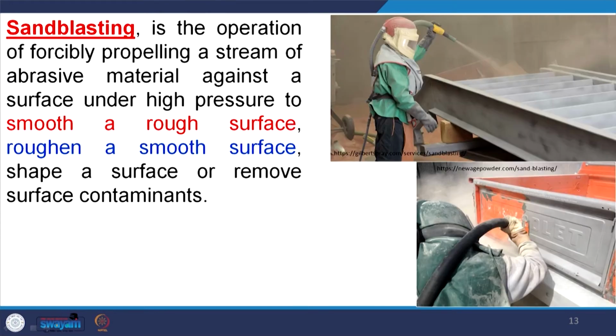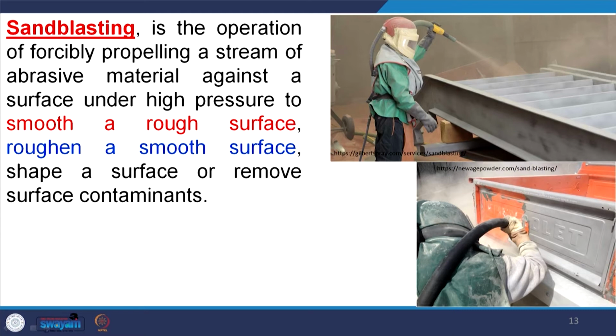Then sandblasting. You can say it is an artificial bombardment of sand particles onto a surface with pressurized air. If we are simply pressurizing air, it will hardly affect the rock, but once sand particles are added to it, its erosional capacity increases several thousand-fold.